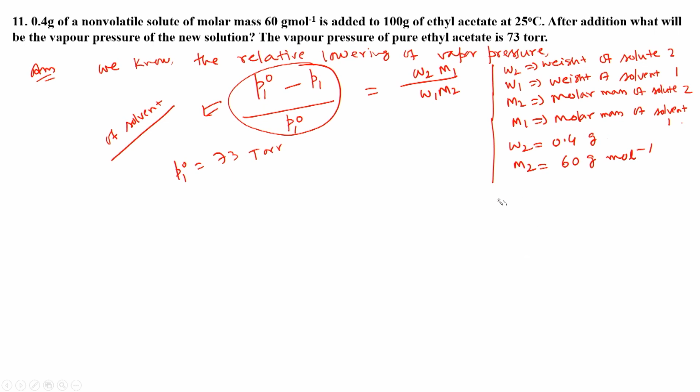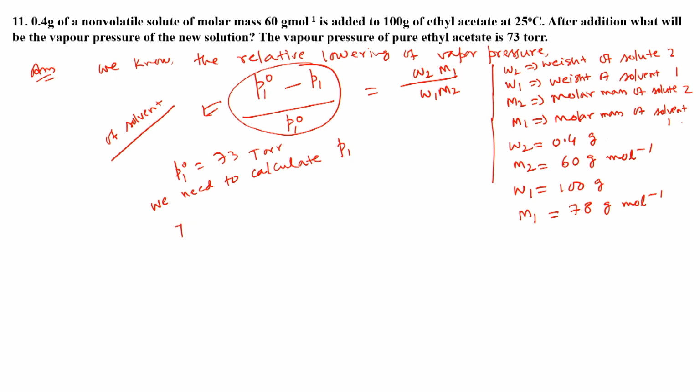W1 is also given, 100 gram, and M1, the molar mass of ethyl acetate, is 78 gram per mole. So P1 naught, W2, M2, W1, M1 all are given, and we need to calculate P1.